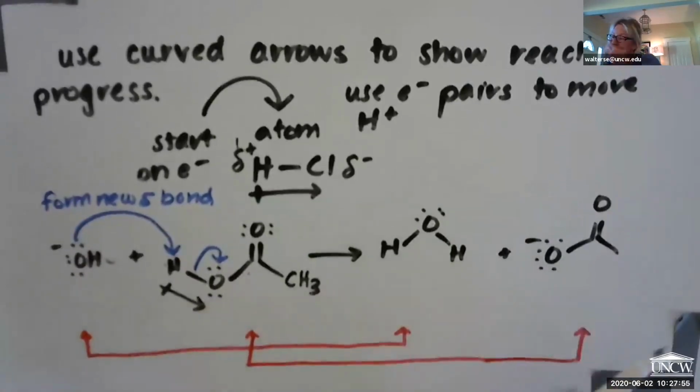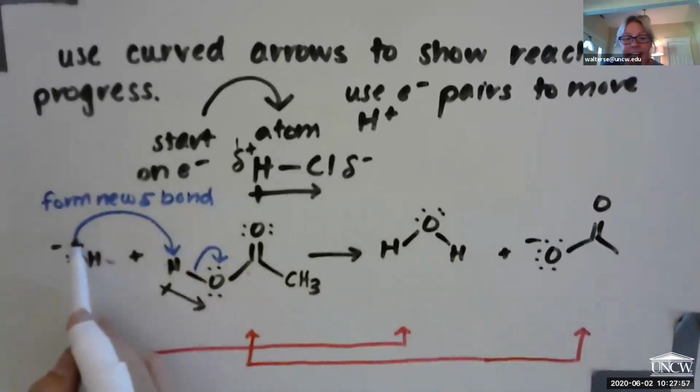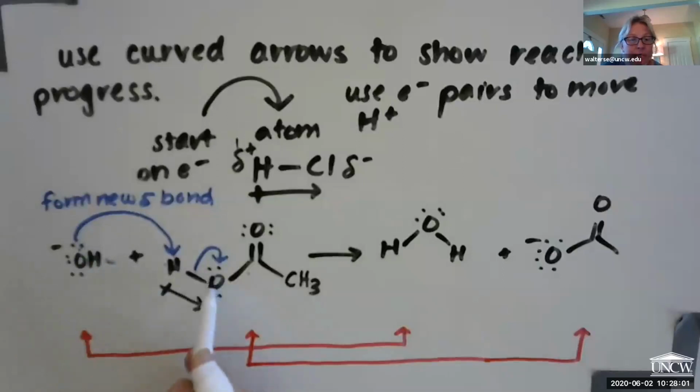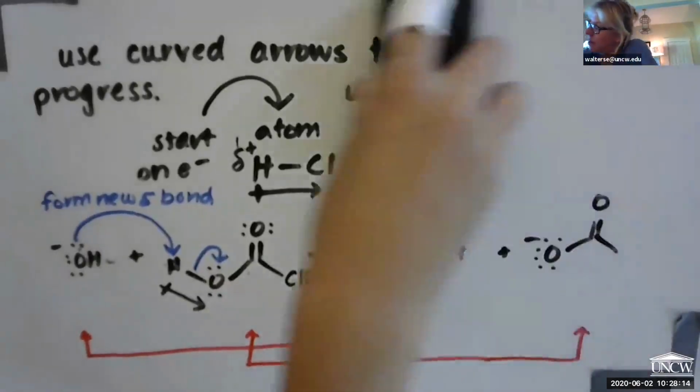Okay. In both cases, the tail of my arrow is on electrons, moving up, going to atoms. The barb is pointing to an atom. Okay. So I'm going to leave that up here.